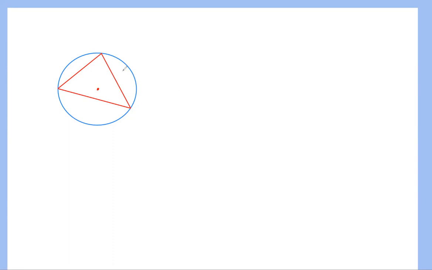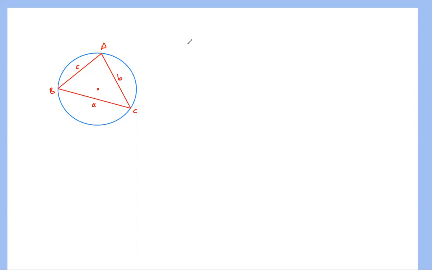Okay, so let's see what we have. So first thing, I'm gonna label this A, B, and C. And I'll say this is side C, and then that is side B, and then this is side A. And if you remember, the law of sine states the sine measure of an angle divided by the opposite segment is equal for all three.